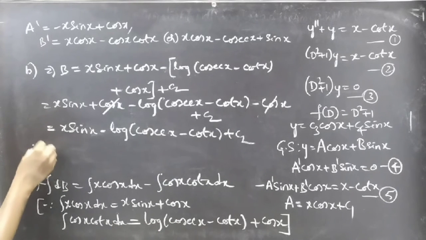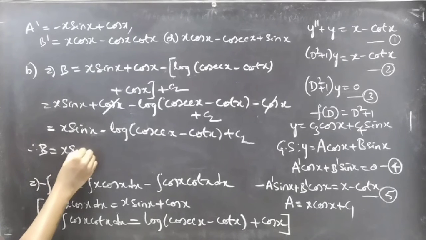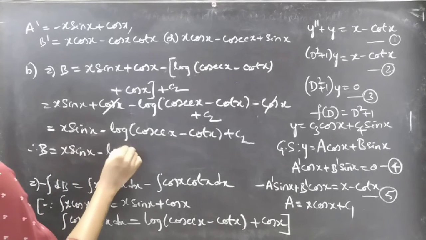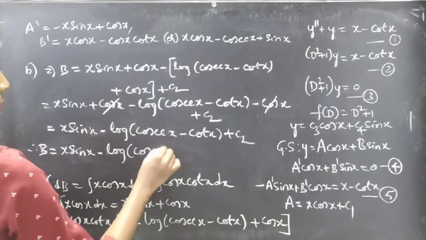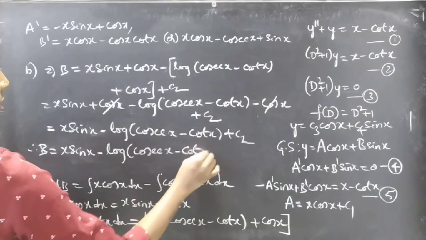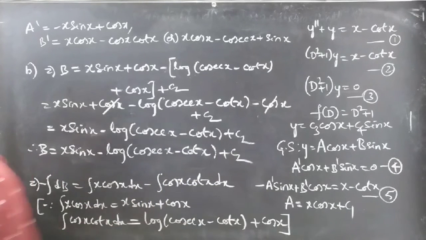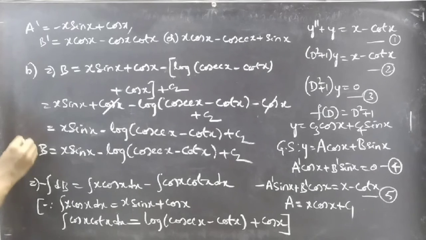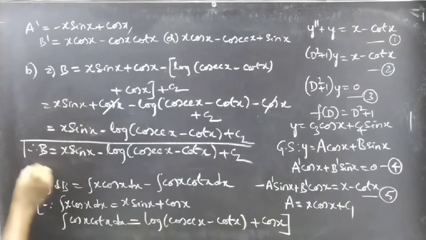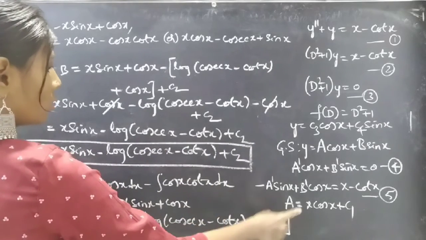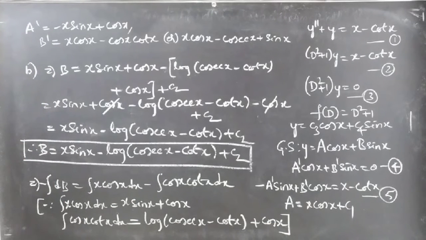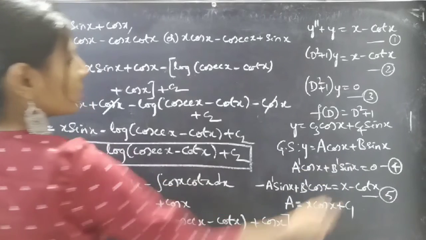Therefore b equal to x sin x minus log of cosecant x minus cot x plus c2. We got b, and we have a. So let's now write the general solution using y equal to a cos x plus b sin x.